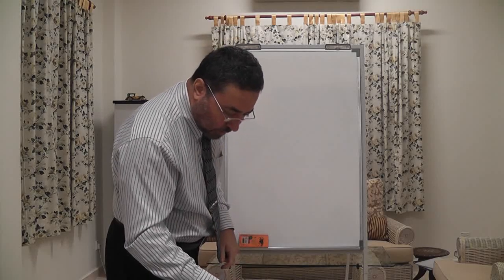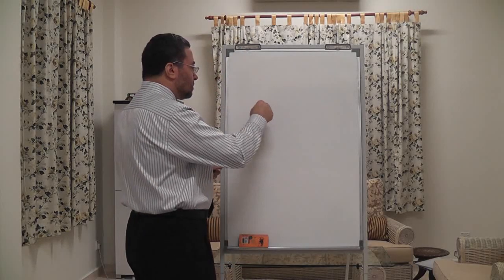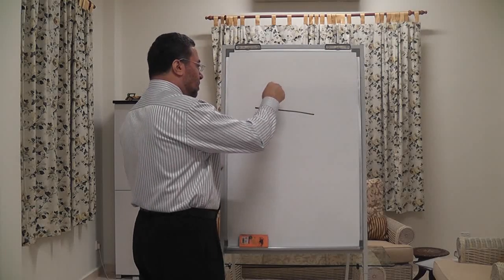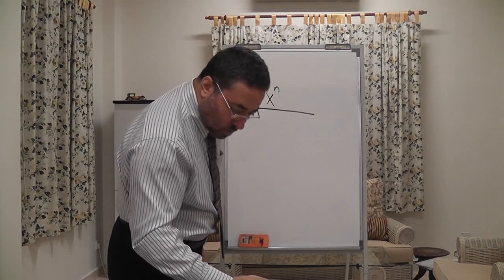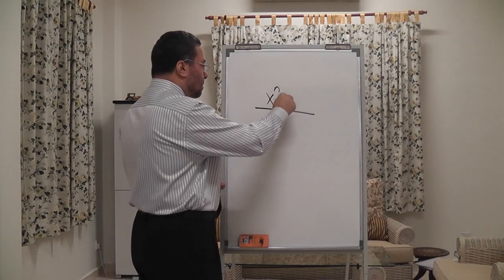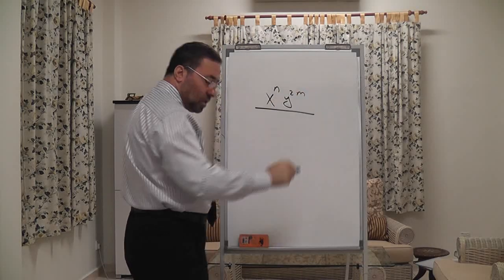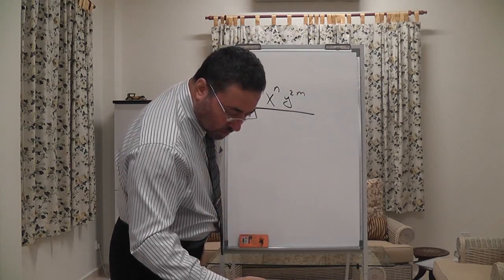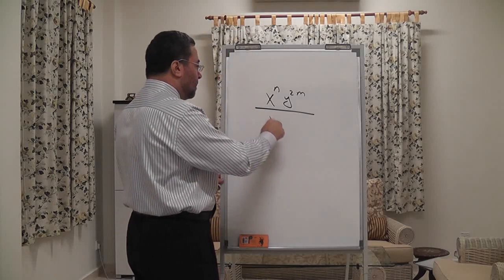Number 30, x raised to n, y raised to 2m over x y raised to m.